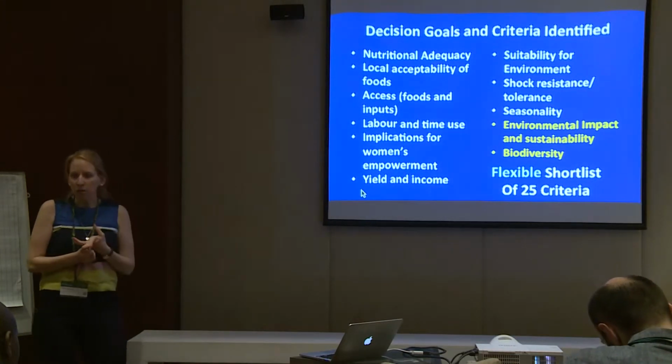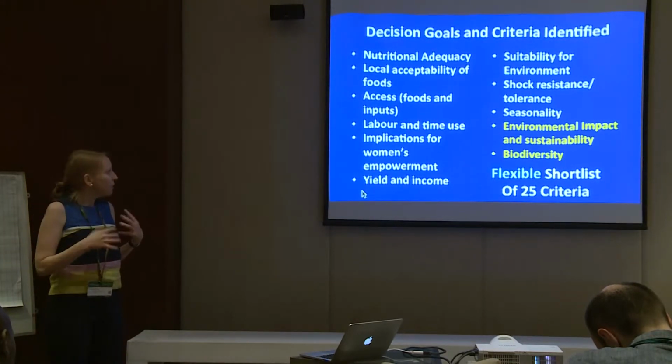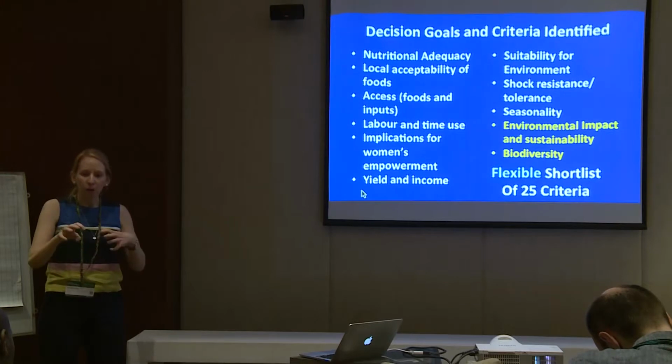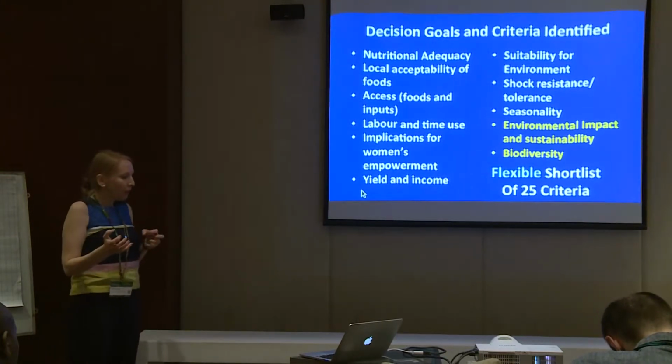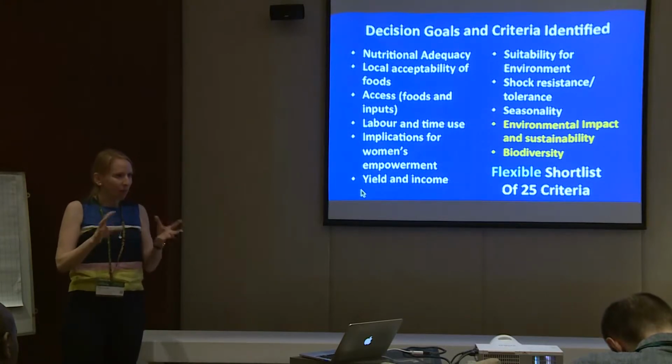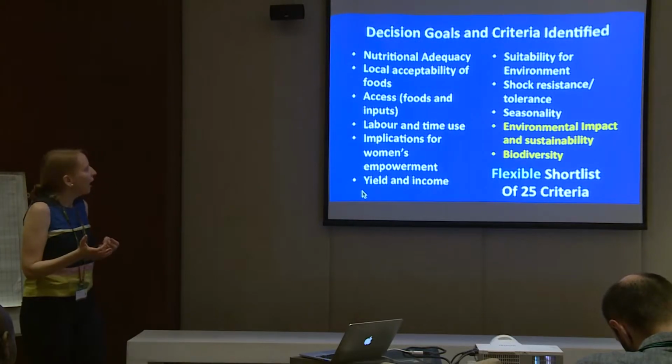Labour and time use, especially disaggregating that by gender. Women's empowerment, so whether particular crops were more linked with women's decision making or women's income, whether different crops had more likelihood of greater yields or income impact.